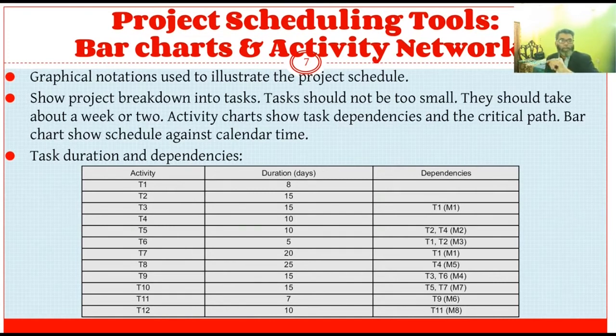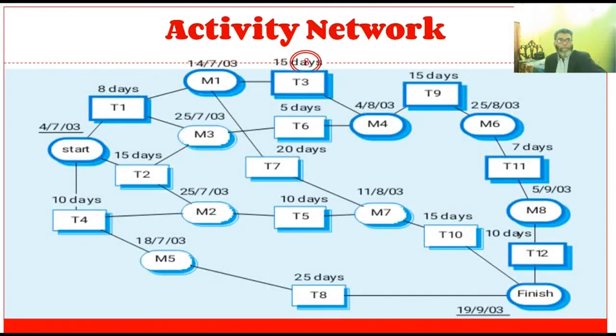So we are drawing the activity diagram. In that, we can start T1, T2, and T4 from the beginning, and the other tasks will follow. So here is a complete diagram of the activity network. T1, T2, and T4 start from the beginning.